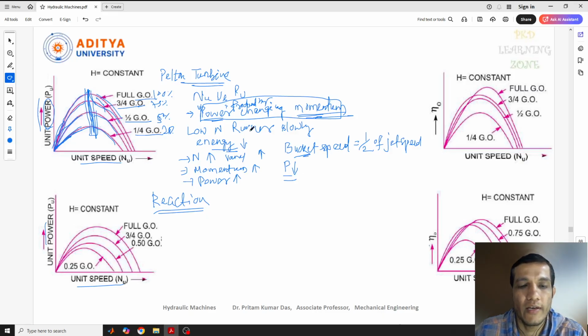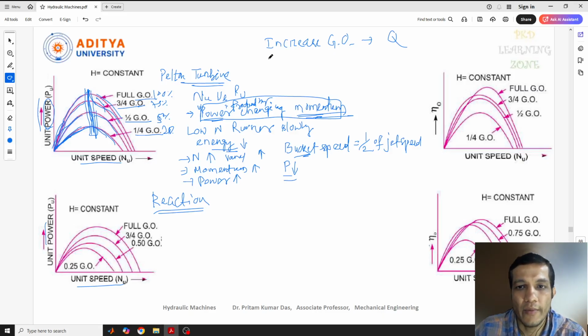Here the concept of gate opening is simple: initially the gate opening is 25%, next 50, 75, 100%. If you increase the gate opening, we can get more discharge, as we have seen.